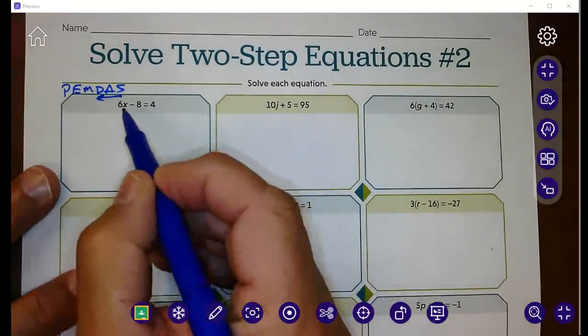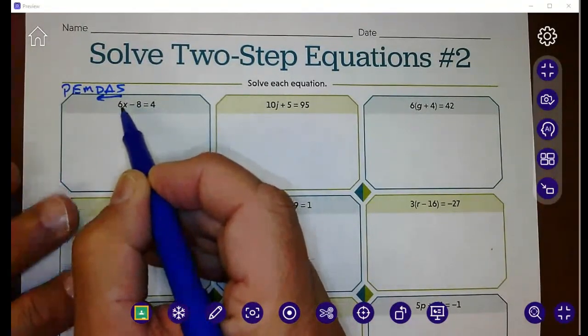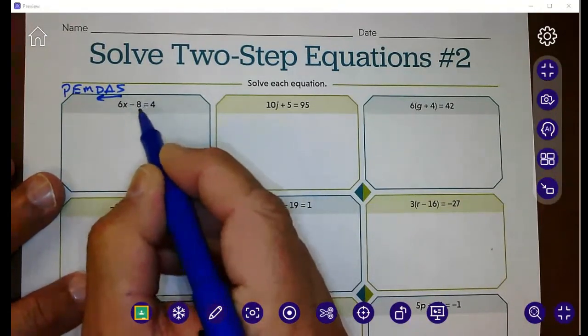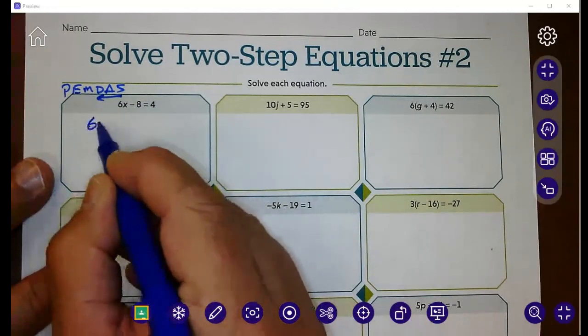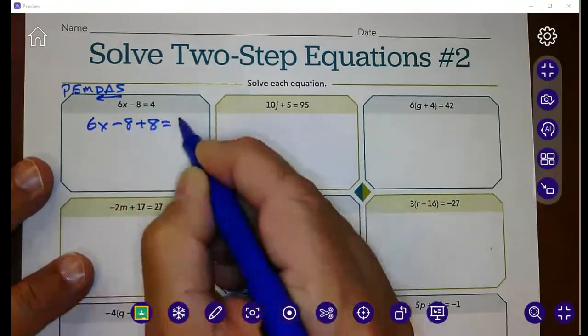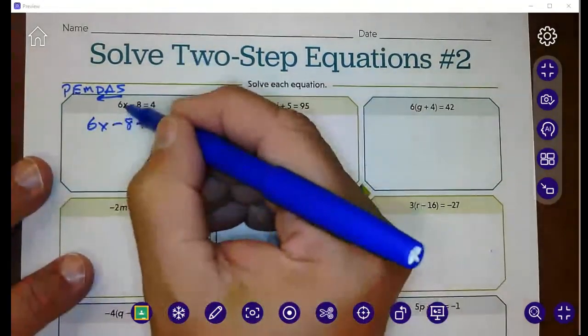So in order to fix this and start to get x by itself, most of you are saying add 8. That is correct.